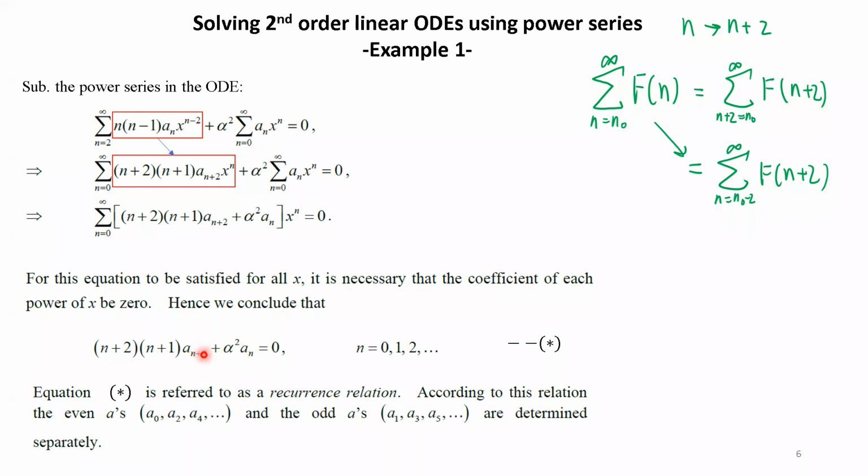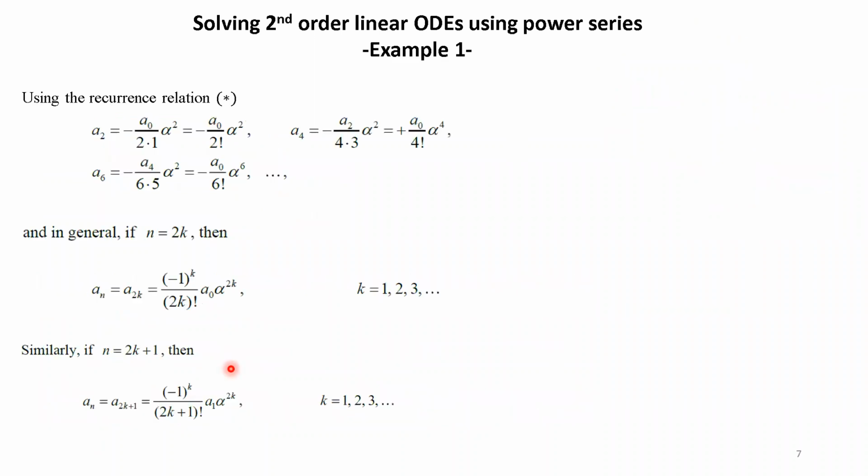So then you figure out all the odd coefficients too. This recurrence relation is the key. I just need to give you a0, or a0 and a1, and then you figure out all the other coefficients. And this is actually how it works.